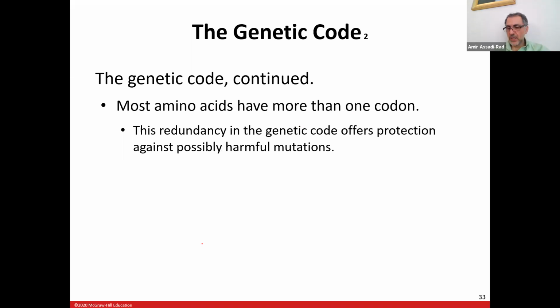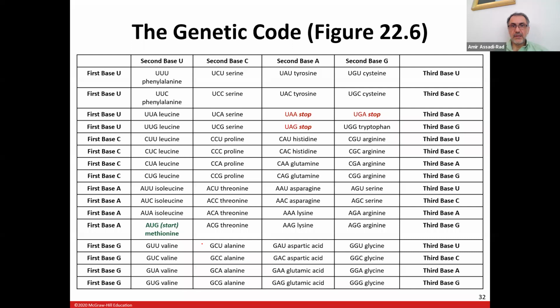Most amino acids have more than one codon. Yes, that's what it means. Look at the amino acid histidine, for example, right here: CAU, CAC. Glutamine, CAA and CAG. Serine, these are all amino acids.